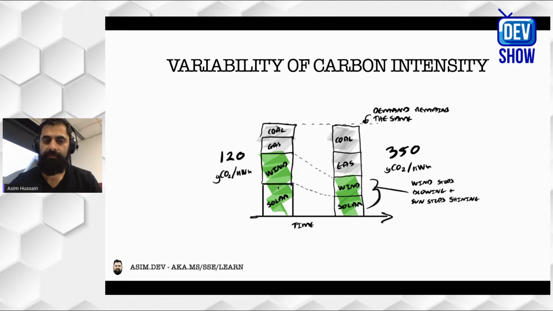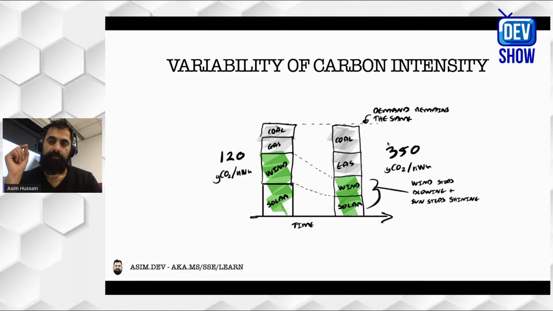At times when wind and solar is available, you might only have 120 grams of carbon per kilowatt hour. Then the wind dies down or the sun stops shining, but the utility still has to produce the same electricity, so it burns more coal and more gas. What that means is that over the course of a day, your carbon intensity increases and decreases, even within one region.